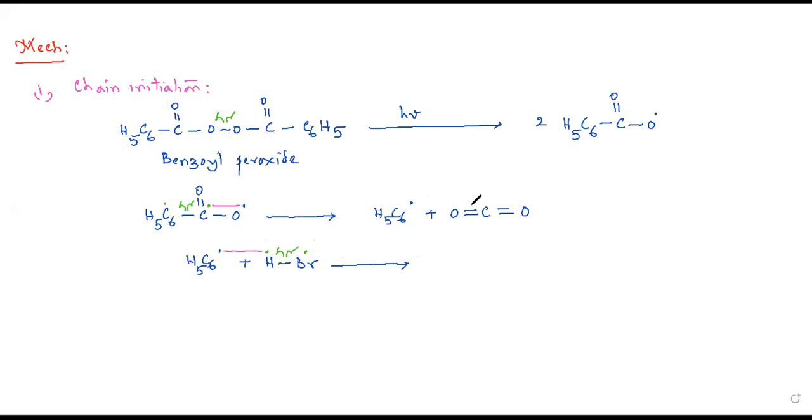So we get benzene, C6H6 plus, of course, the bromine free radical. Now this is chain initiation. Benzoyl peroxide in the presence of sunlight forms bromine free radical in the final step after reacting with HBr.